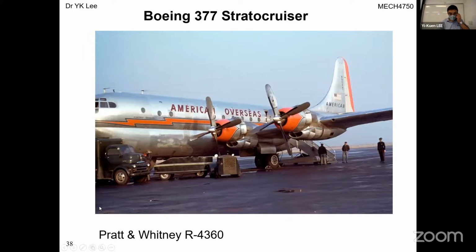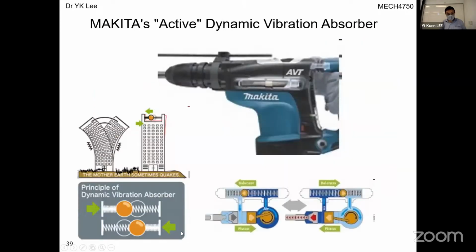We'll show you this kind of engine. Pratt & Whitney is one of the top companies in the world. Only several companies in the world can make aircraft engines, Pratt & Whitney and Rolls-Royce in the UK, and I think only a few are able to make a very good aircraft engine for real products.